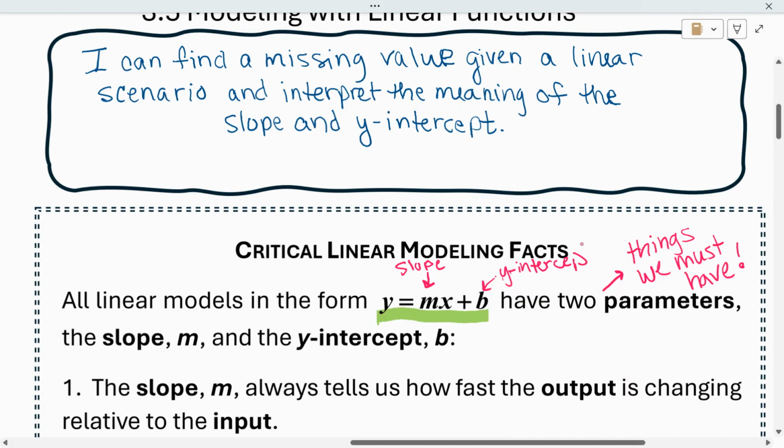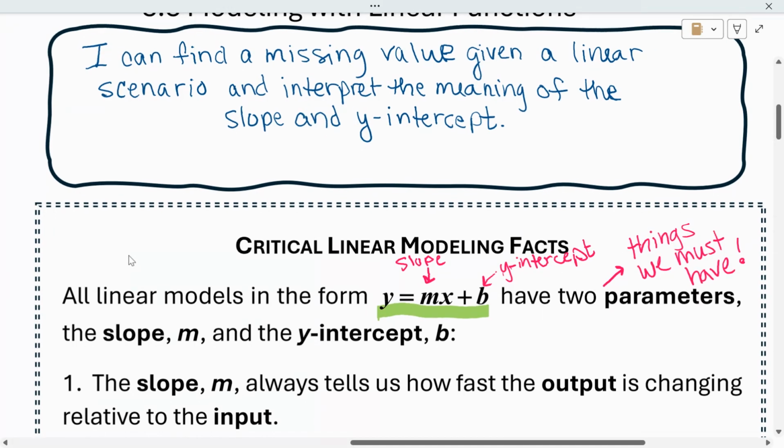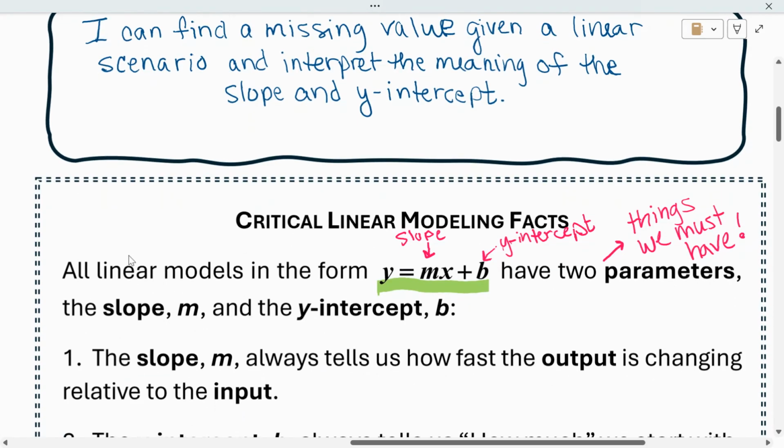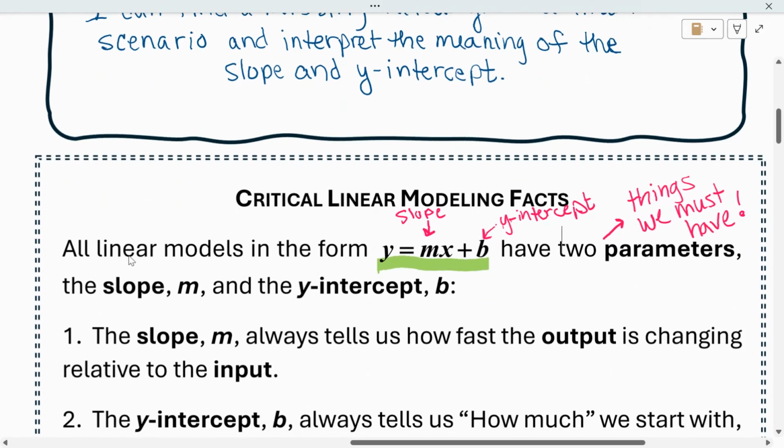Now on Thursday, we spent quite a bit of time calculating slope given 2 points, and we talked about how to find the y-intercept by either using one of those ordered pairs and plugging in those as your x and your y into the slope-intercept form, as well as your slope. Today, we're going to spend a little bit of time talking about how we use those ordered pairs to calculate slope and what we do with that slope, what it means in terms of a real-world situation.